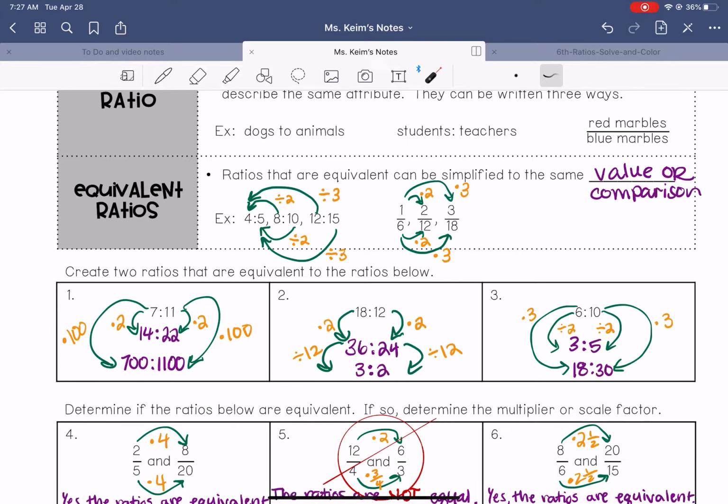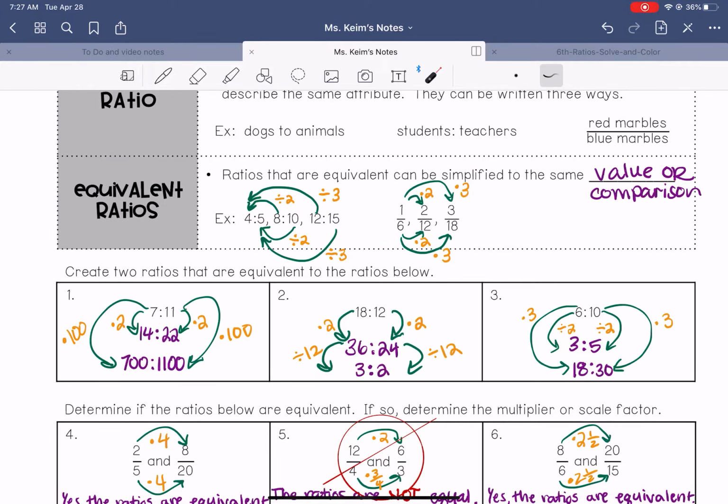So 1/6, 2/12, and 3/18 are all equivalent ratios because we can take 1/6, multiply by our fancy version of 1, and create these other two. We would also be able to take these and simplify back to 1/6, but I wanted to show you both directions. So multiply 1 by 2 and 6 by 2, you get 2/12. Multiply 1 by 3 and 6 by 3, you get 3 to 18.